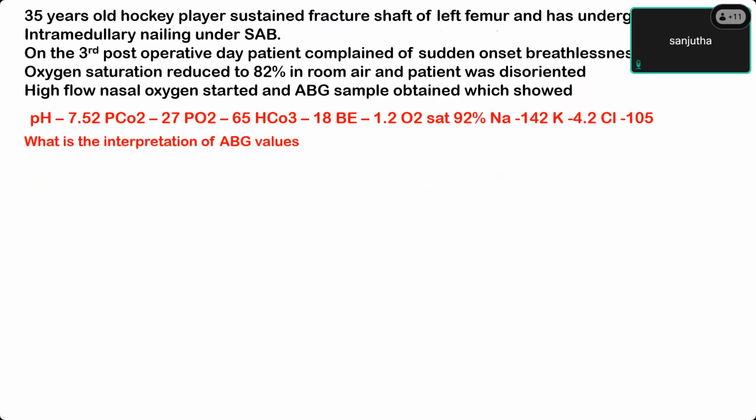Respiratory alkalosis. Is it primary respiratory alkalosis or secondary to metabolic acidosis? Secondary to acidosis. See, bicarb is low, 18, and base excess is minus 1.2.